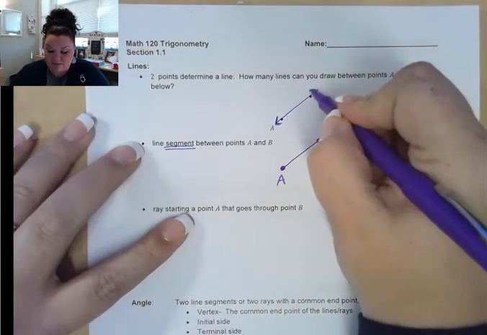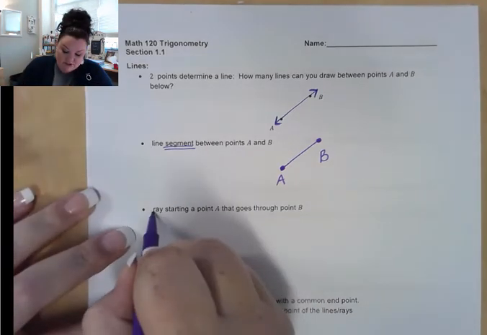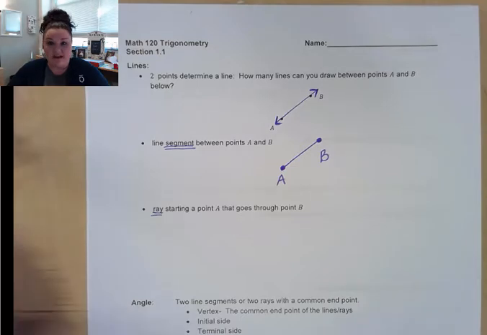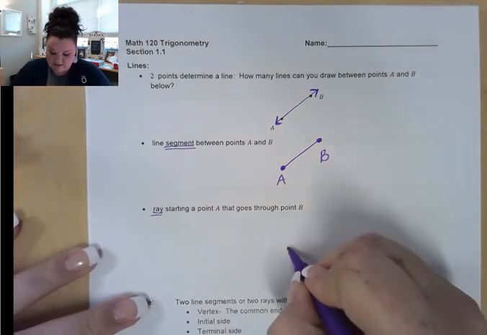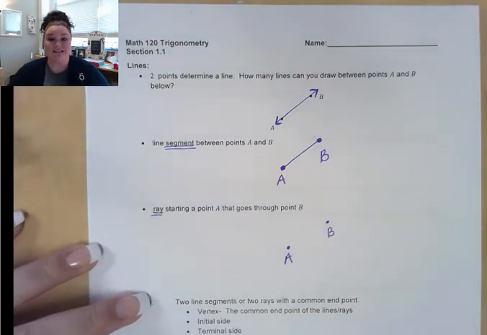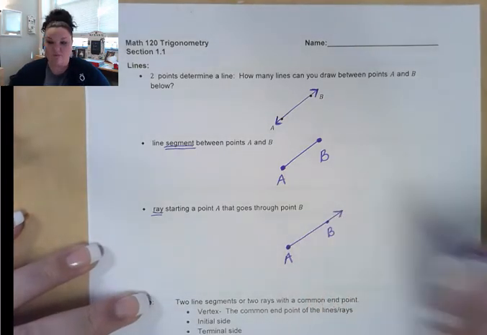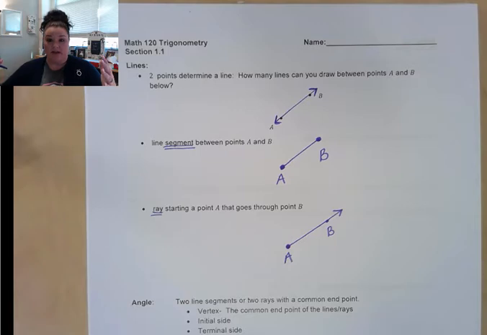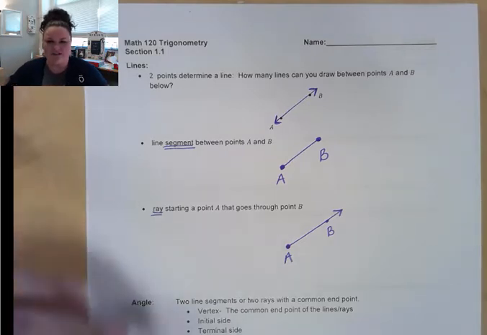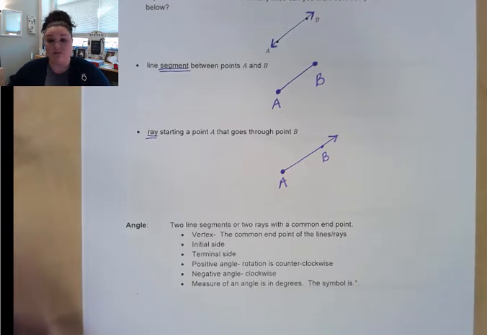A line keeps going and going in both directions. A segment stops. And then a ray, which is what we're going to work more with, rays and vectors in this class, has a starting point A, and it goes through a point B, but it doesn't stop. So our starting point is A, but then it goes through the point B and continues on. So we're just getting used to some of the verbiage here and what we can expect when we're dealing with angles.